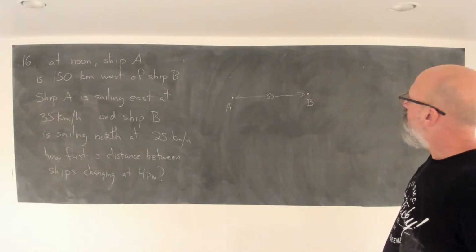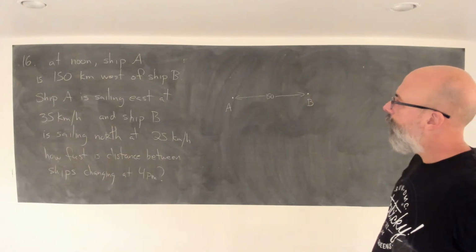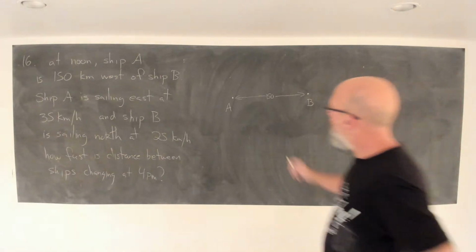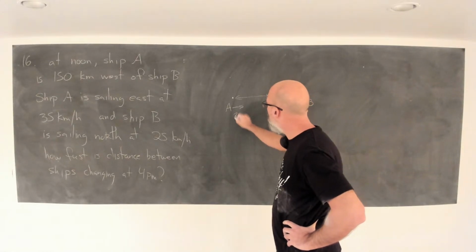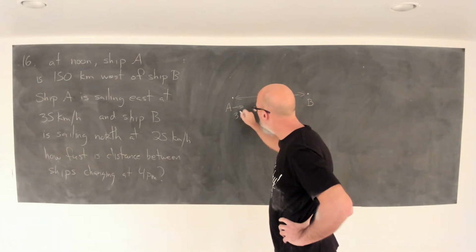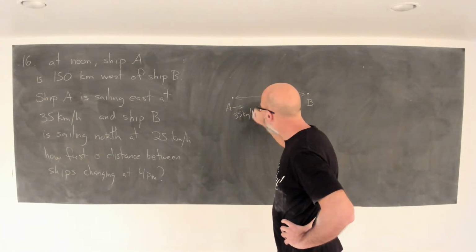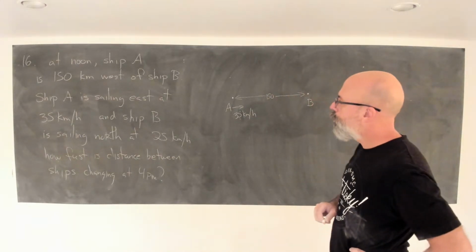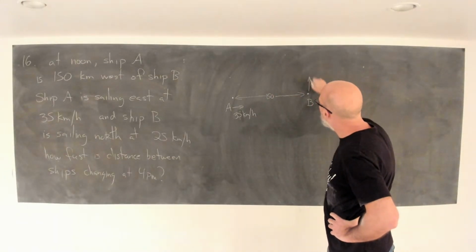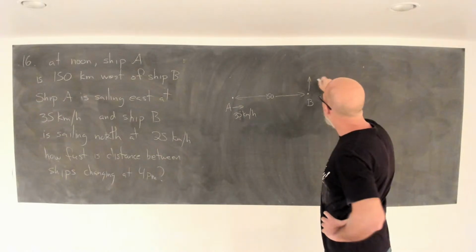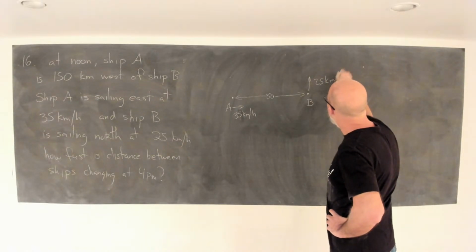Ship A is sailing east at 35 kilometers an hour. So here, ship A is going this way at 35 kilometers an hour. And ship B is sailing north at 25 kilometers an hour.